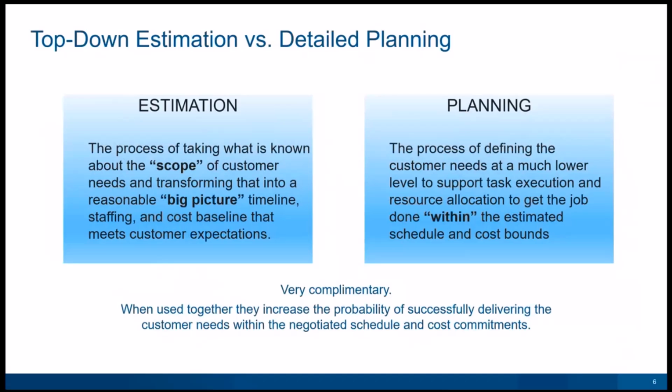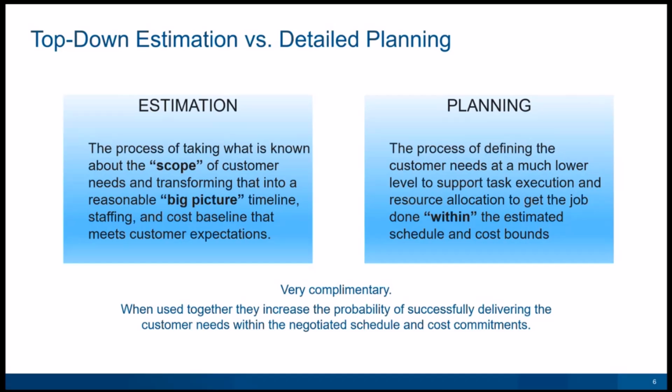I find that it's important to differentiate top-down estimation from detailed planning. Estimation is really about taking what is known about the scope of the customer needs and transforming that into a reasonable big-picture timeline and staffing and cost baselines that meet customer expectations.